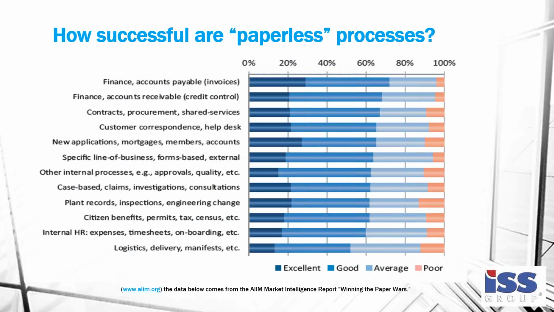We're talking about contracts, procurement, customer correspondence, applications, internal process. This is a biggie, we find it huge, in something like a CapEx request or even a vacation request, etc. Plant records, inspections, engineering change orders, all kinds of areas that you may not have thought of.